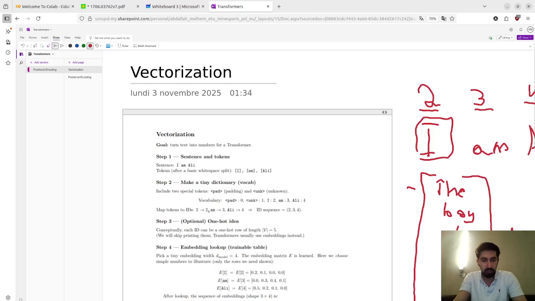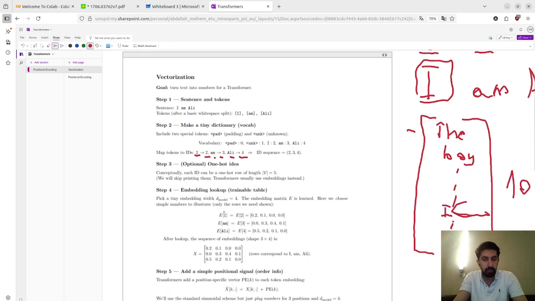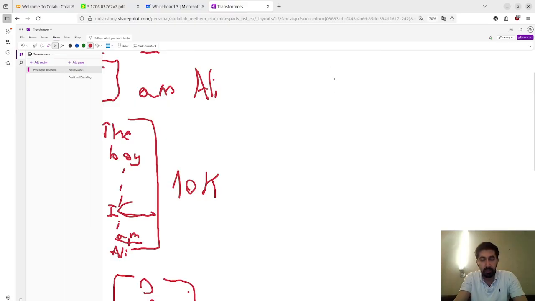so this is what I said over here. We map each token, the token is a word, to an ID. So I gets 2, Am gets 3, Ali gets 4. Okay? And then we do a one hot encoding that I just described. Then we pass them to a neural network. Here we have a learnable neural network, which would be updated in our training.